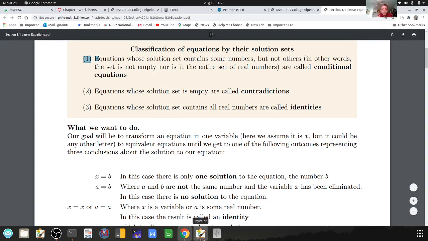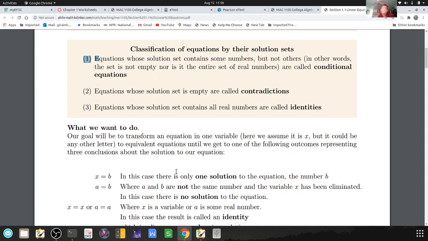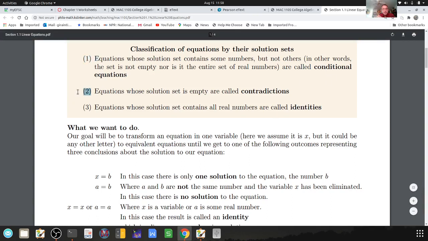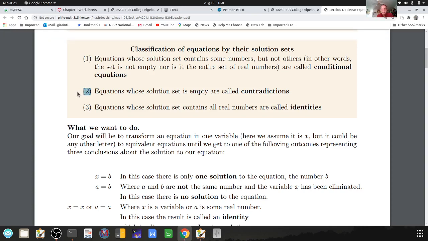This example that I just gave you, 7x plus 14 is equal to 0, is a conditional equation, because x equals 2 is not a solution, whereas x equals minus 2 is a solution. So we know that that particular equation is a conditional equation.